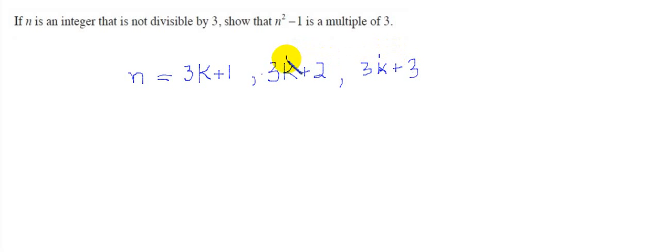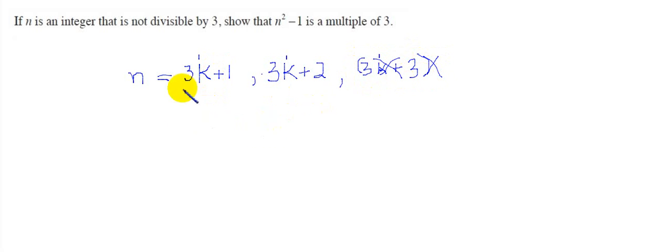But for 3k plus 2, 3 times 1 is 3, 3 plus 2 is 5, so it is not a multiple of 3. And for 3k plus 1, 3 plus 1 is 4, so 4 is also not a multiple of 3. So we can't use 3k plus 3; let's cross it out.